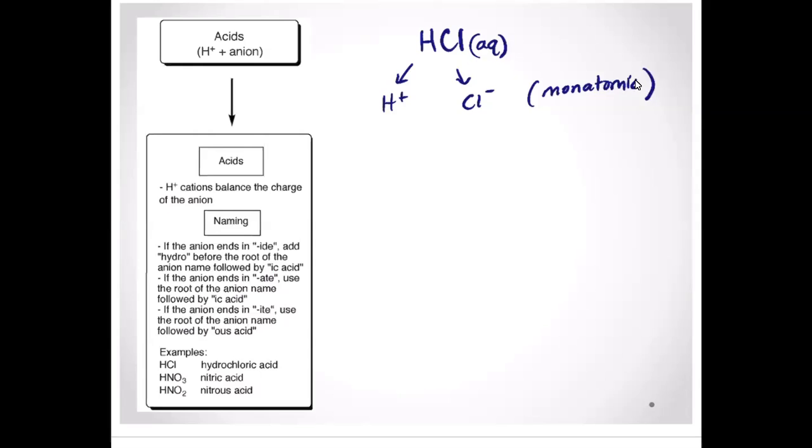So when we name this acid, we're going to add hydro and then ic acid. So it will become hydro, and then chlor is the root name, ic acid. Let's underline it. Hydrochloric acid.